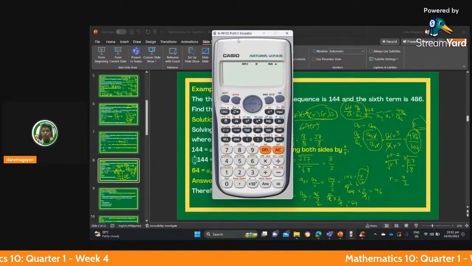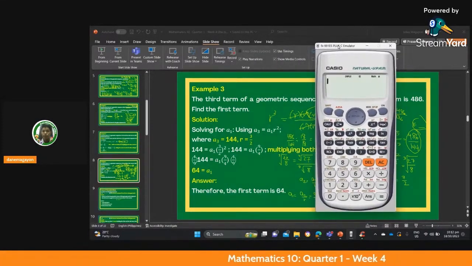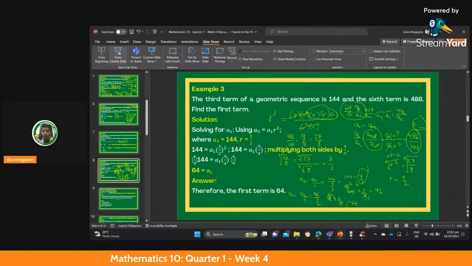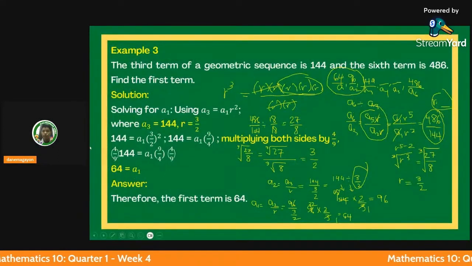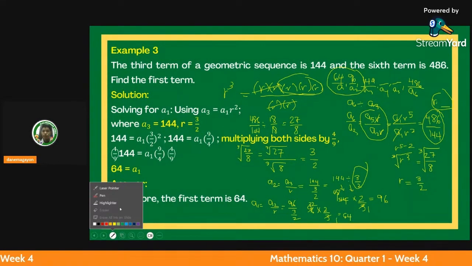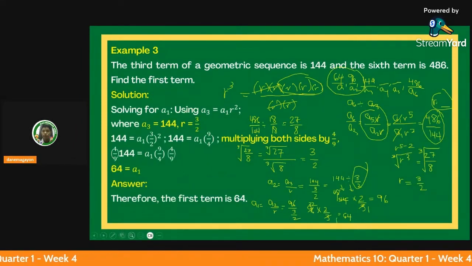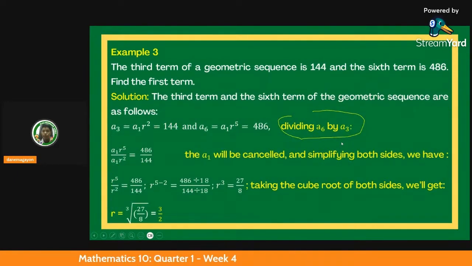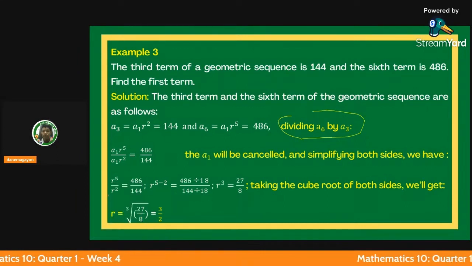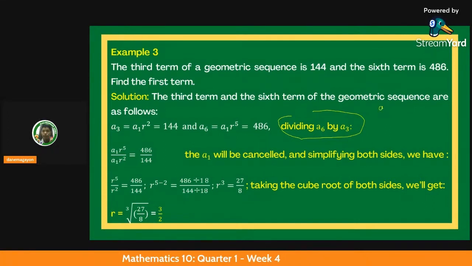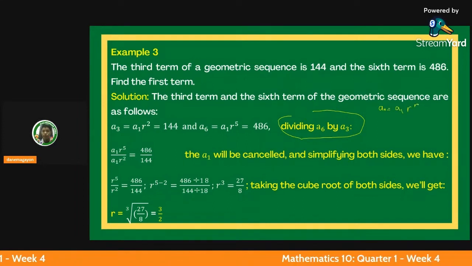And then I'll show you again the solution we made earlier. What is the reason why we just used a sub 3 instead of a sub 6, especially in one part of the solution? Let's explain what our solution looked like. We said we use a sub 3. Again, we use a sub 3. So we have a sub n equals a sub 1 times r raised to n minus 1.